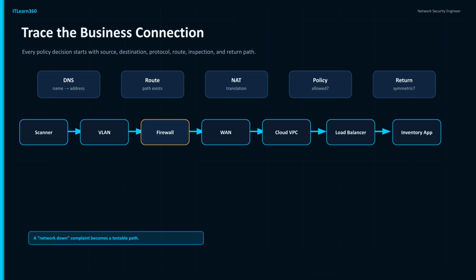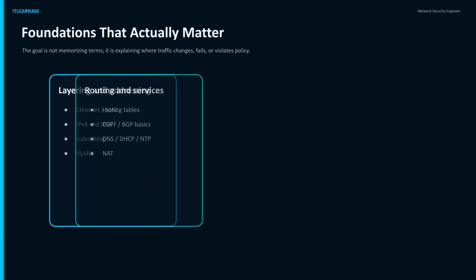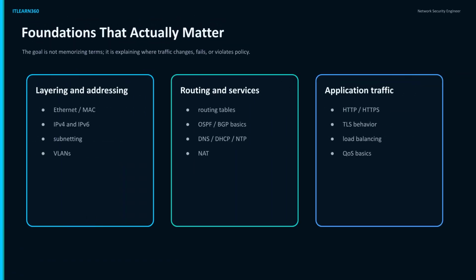To reason about that path confidently, the engineer needs a set of networking foundations that are directly connected to traffic behavior. Network security foundations matter because they explain where traffic changes, fails, or violates policy. You need enough Ethernet and MAC knowledge to understand local delivery, enough IPv4 and IPv6 addressing to reason about subnets, enough VLAN knowledge to understand segmentation, and enough routing knowledge to follow a packet between networks.